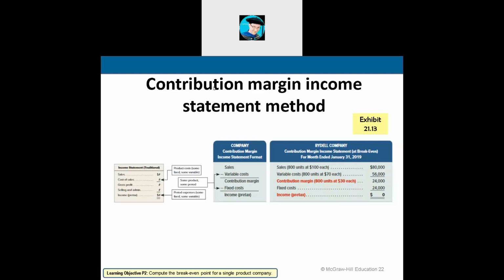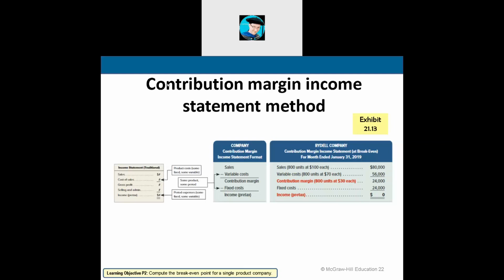Minus our variable costs. Variable costs, cost of goods sold. Our variable costs, also known as cost of sales, cost of goods sold, are $70 a unit times 800 units that we sold, which is $56,000.